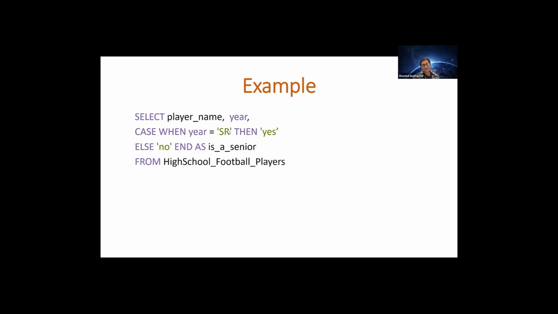So this is how I write my case statement. I specify the keyword CASE, and then I give the condition: WHEN year equals senior, THEN return this, ELSE return this, and then END. And then you alias your result set by giving that column a name, is a senior. Any questions about a simple case statement?